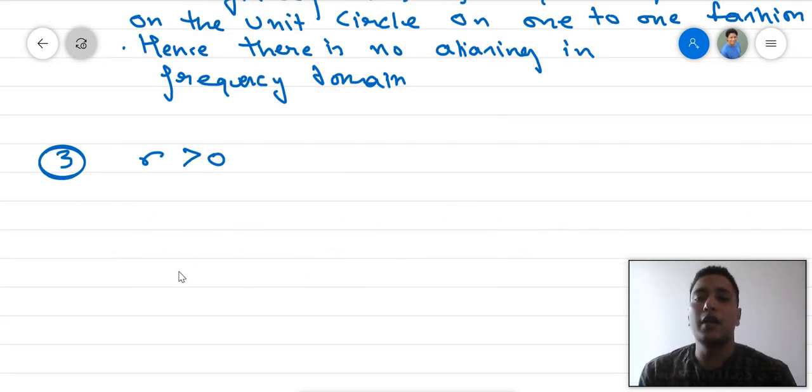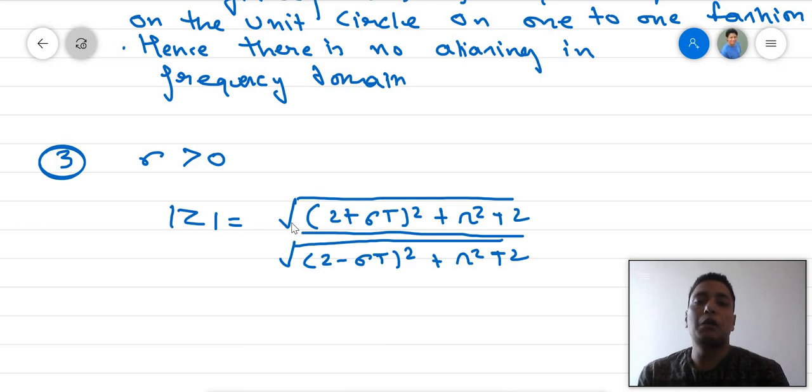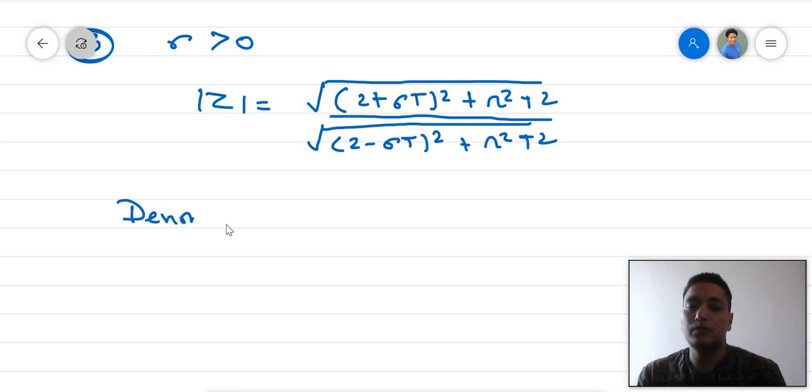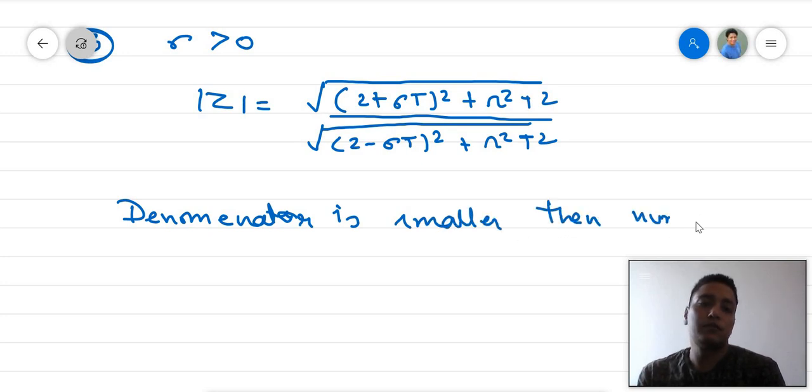Now after case 2, we will move to case 3. Case 3 is when sigma is greater than 0, and we know mod Z is equal to the square root of (2 plus sigma T) whole square plus omega square T square over (2 minus sigma T) whole square plus omega square T square. We can see the denominator is smaller than the numerator, leading to mod Z greater than 1.